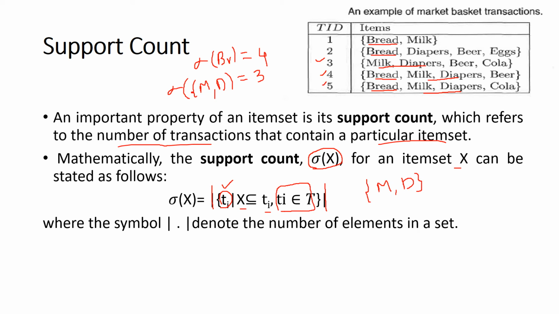In these three transactions, the item set milk and diaper is found. So therefore, the support count for the item set milk and diaper is 3. This is how the support count for an item set is defined.